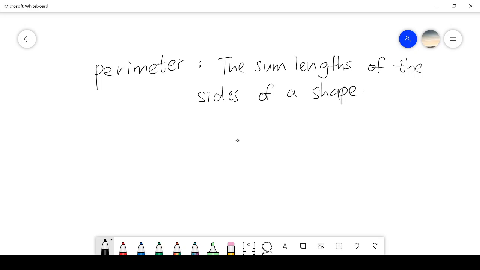For example, if I had a square that was 4 centimeters by 4 centimeters on each side, the perimeter would be 4 plus 4 plus 4 plus 4.